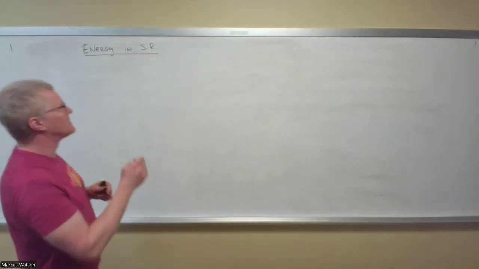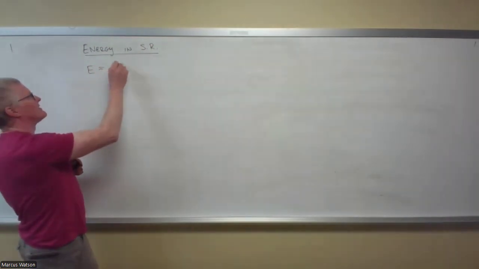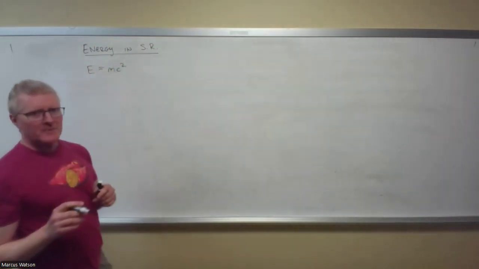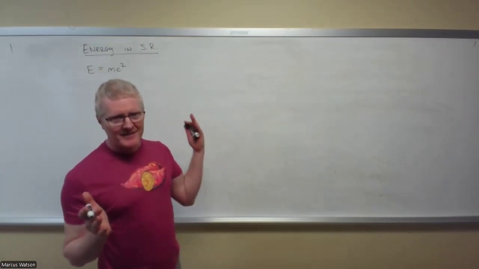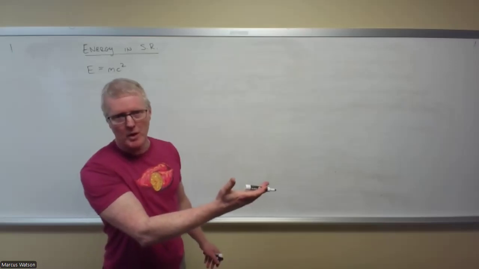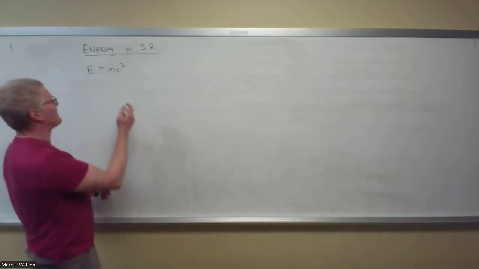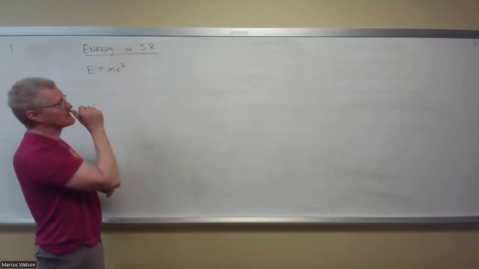E equals mc squared? I mean, who doesn't know that? Now, notice that this is not in our system of units. We would have just had E equals m because our c is 1. So typically we would have just said, well, E equals m, and that's done.